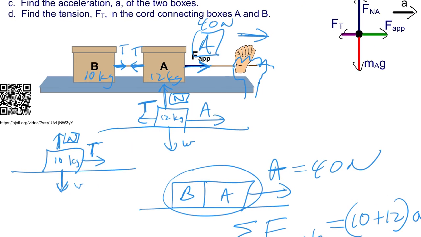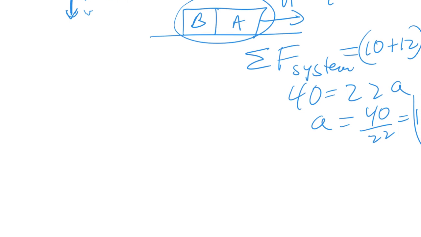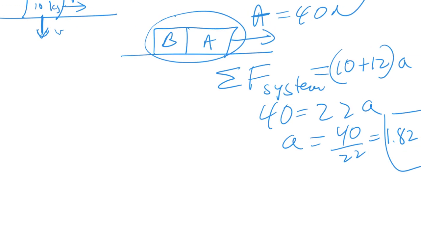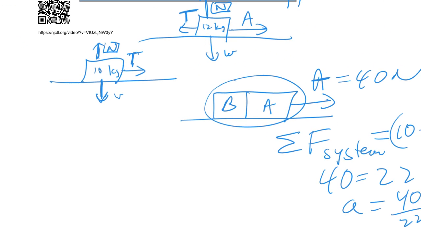Now find the tension in the cord between box A and B. Okay, now what you do is you go to either free body diagram, either one. So I picked the simplest one, which is that guy. I'm trying to find the tension. So this is pretty easy. I don't care about the normal force and the weight because they cancel out.